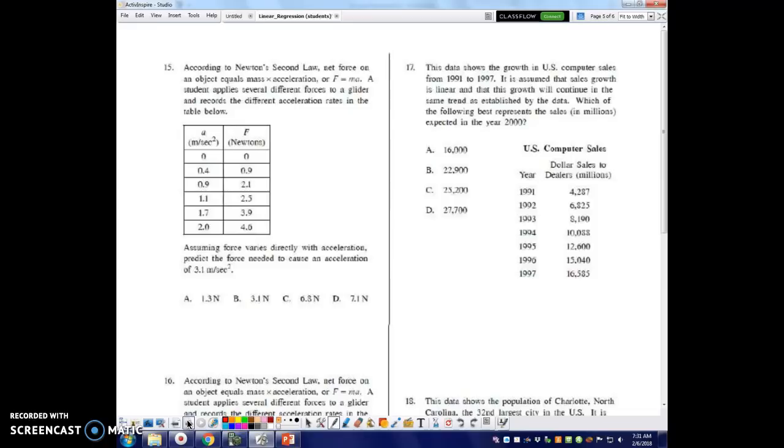Assuming force varies directly with acceleration, predict the force needed to cause an acceleration of 3.1 meters per second. So they're giving you this one. They want to know what's going to go here to get you 3.1. Where's 3.1 on here? Where would it be between? 2.5 and 3.9.